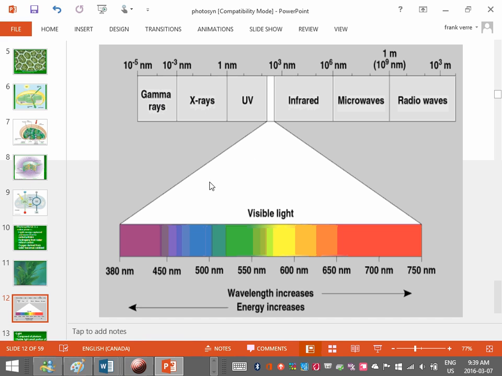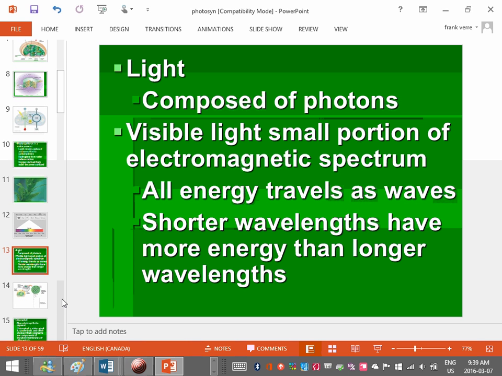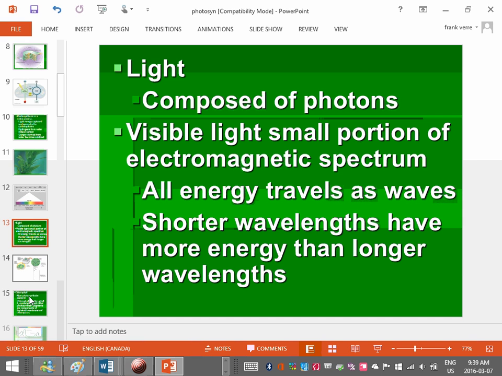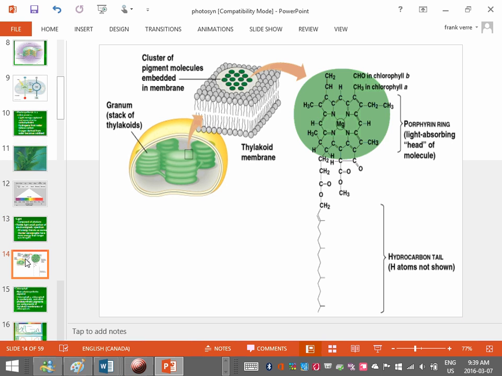Plants evolved the ability to use visible light as a form of energy. And the molecules that capture the light and convert it into energy are things like chlorophyll. It's not the only pigment, because you're going to see from your lab, there's more than just green pigments in your samples.